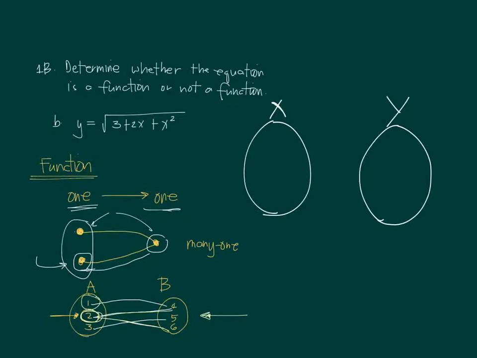So if we look at this equation, if I identify a value of x, say 1 or 0 or 2, will that give me just a single value of y? If that is the case for all x that I put in this equation, then I would say that this is a function. So let's investigate.